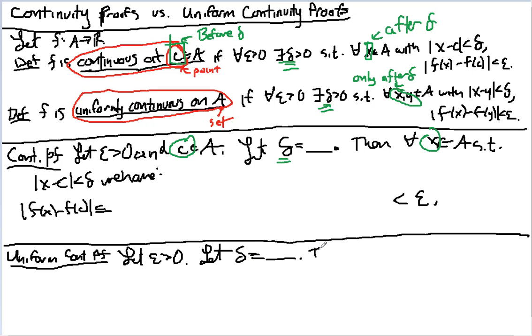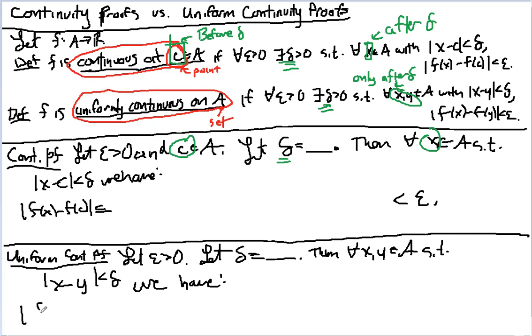Then for all x and y belonging to A such that |x - y| < delta, we have, and then the same thing, |f(x) - f(y)| less than or equal to da da da da da da, less than epsilon. So now, once again, notice the x and the y are both defined after the delta. So that's the big difference in continuity proofs.